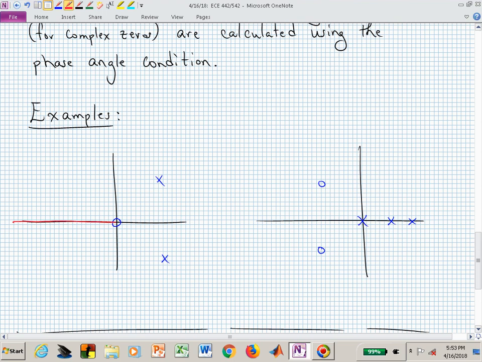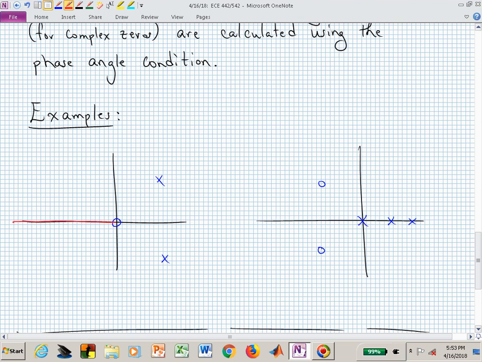What determines the number of branches? Number of poles. We have 2 poles, so we have 2 branches. Wait a minute, we only have 1 segment. So what does that tell us? What's our pole zero excess? Let's think about that now. 1. So how many asymptotes do we have? How many zeros at infinity do we have?